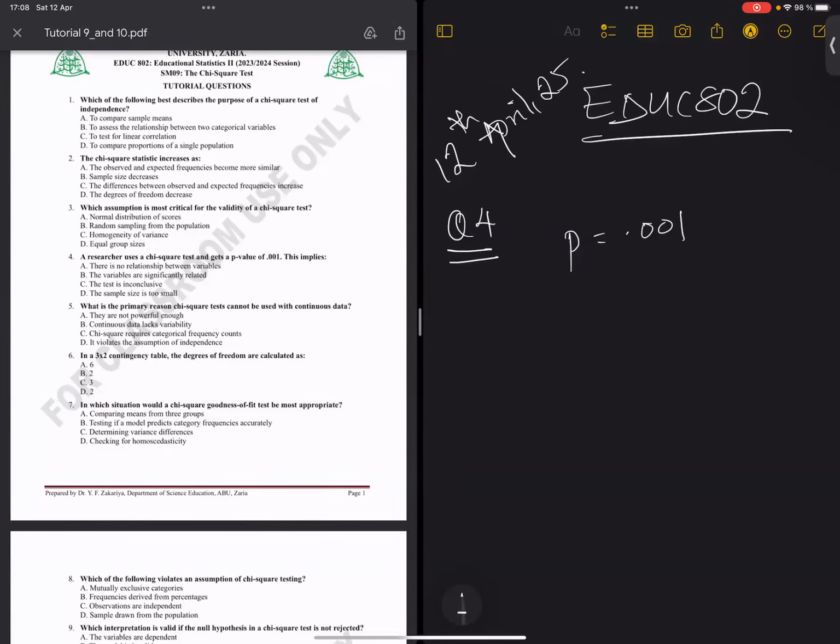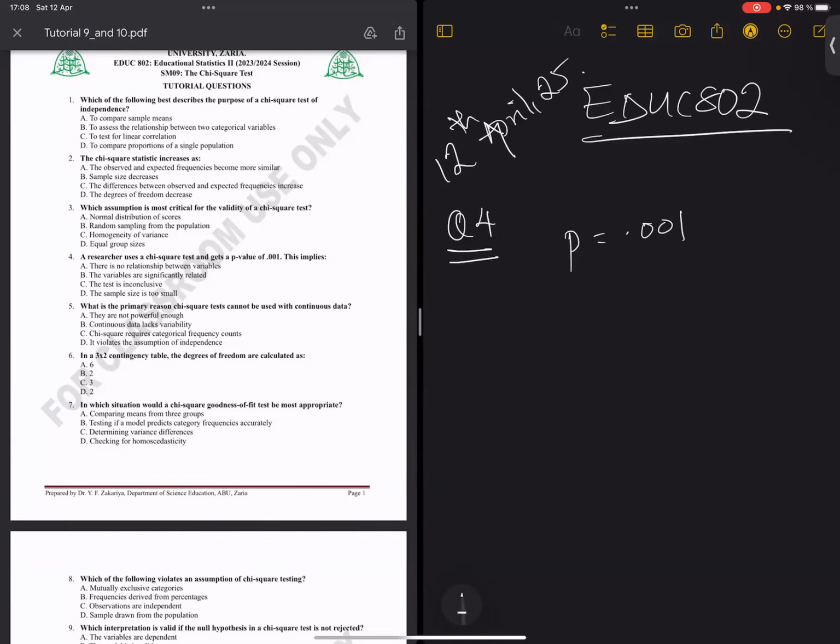This question is very simple, but can as well be confusing. There is nothing in this question that lets you know which chi-square it is. We said in the class that chi-square has 2 types: the chi-square test of independence and the chi-square test of goodness of fit. In the question, it only says chi-square.